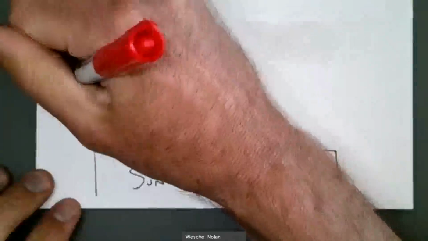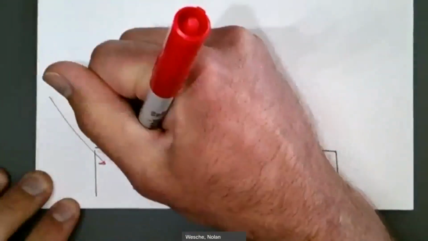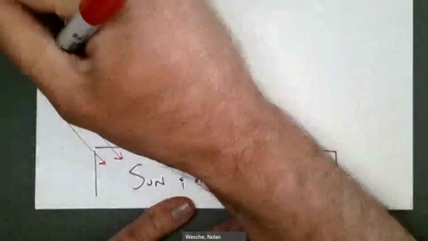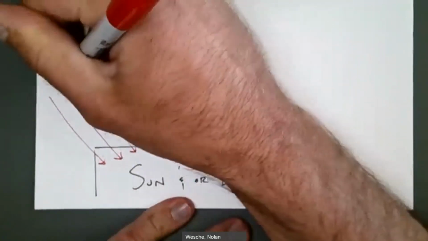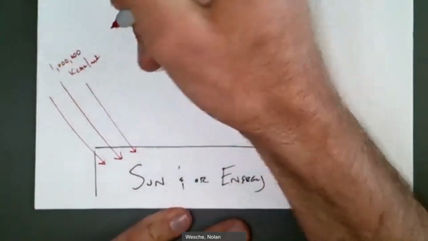But normally it's the sun, and we're talking solar input around, let's say, we're just going to make up a value, let's say 1,000,000 kcals of energy per square meter.